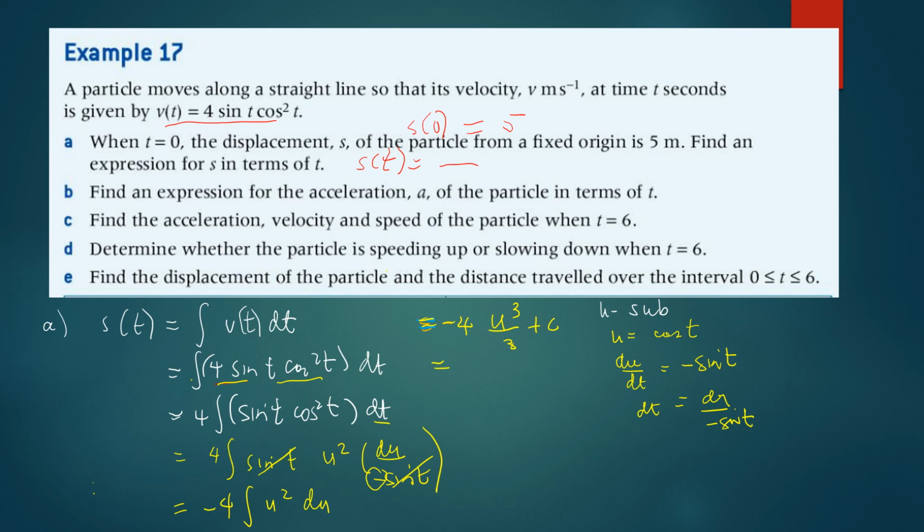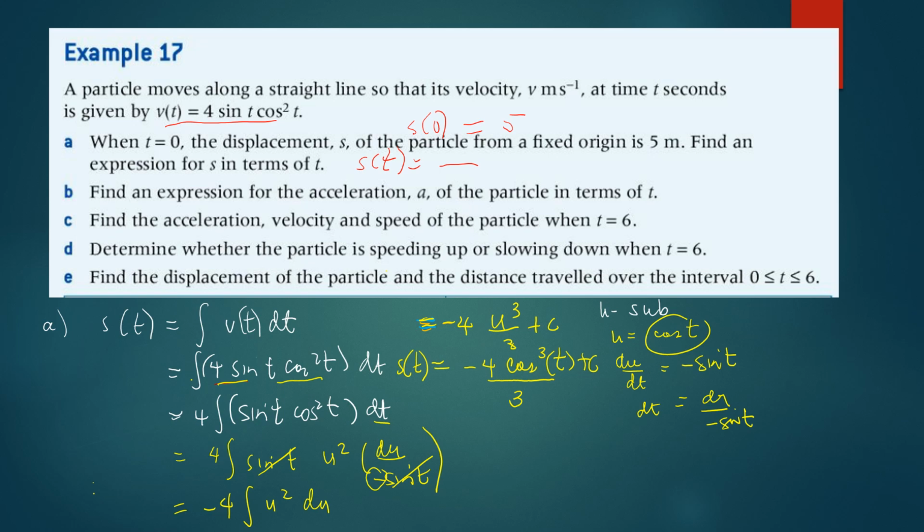So s of t is negative 4. Let's return u. What is u? Cosine t. So cosine cube t plus c, over 3. This is our s of t.